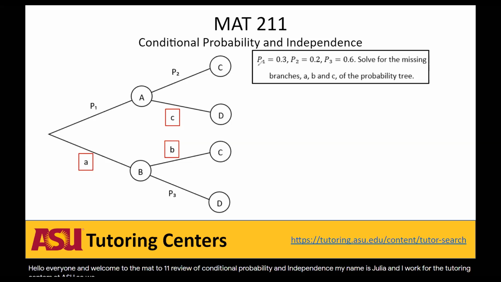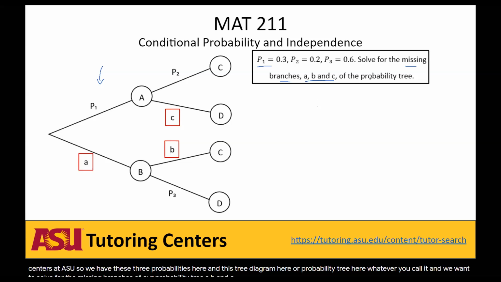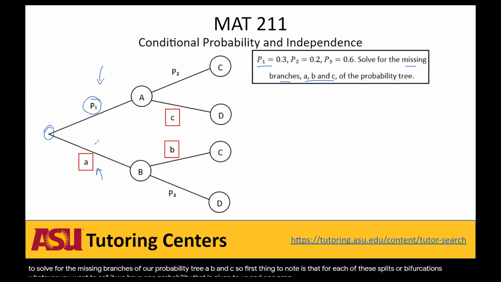So we have these three probabilities here, and this tree diagram, or probability tree, whatever you call it. We want to solve for the missing branches of our probability tree, A, B, and C. First thing to note is that for each of these splits, or bifurcations, we have one probability that is given to us and one probability that we need to solve for.